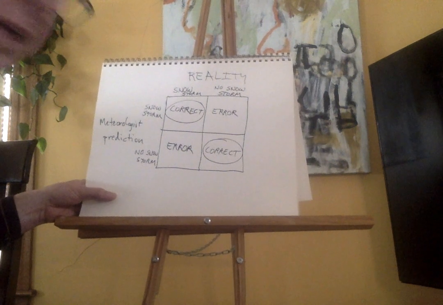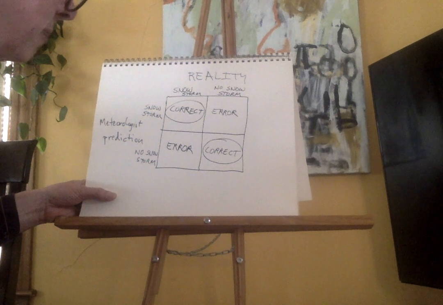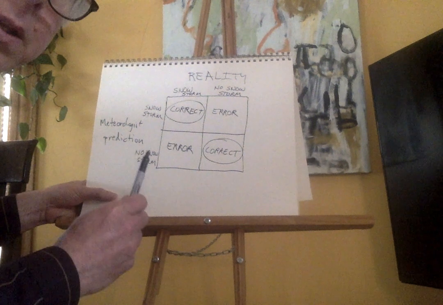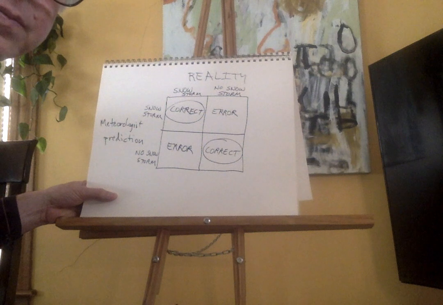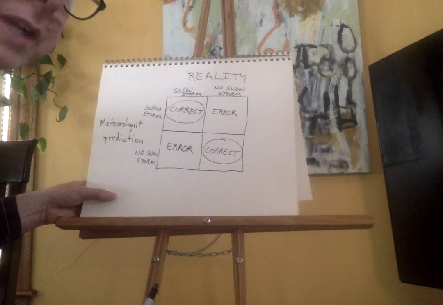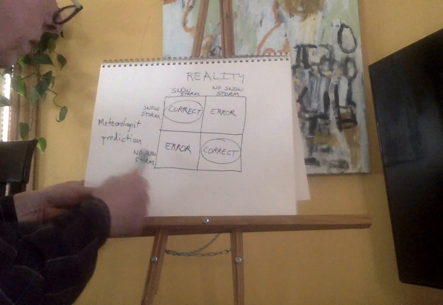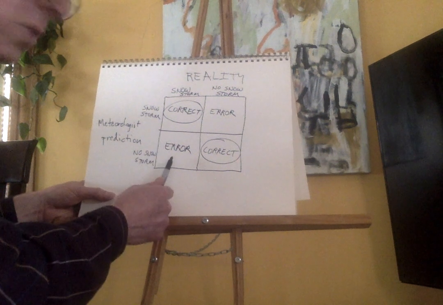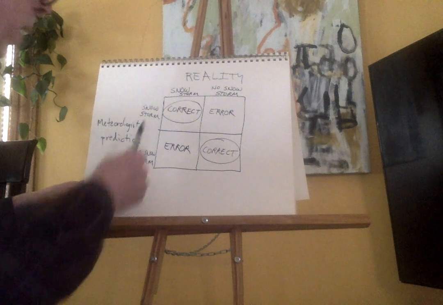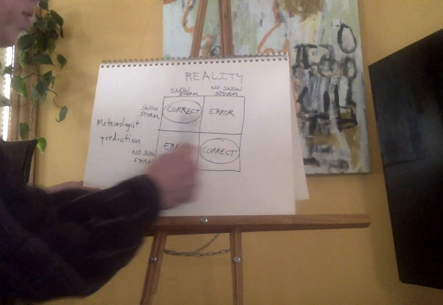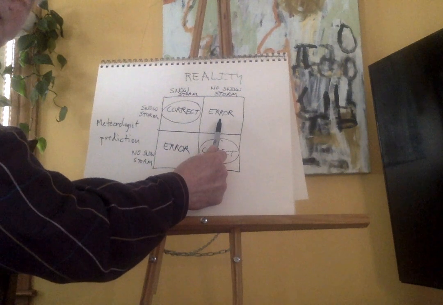Hopefully they're correct a lot of the times. There are two errors here. There are two different kinds of errors. The meteorologist could predict no snowstorm, but a snowstorm comes. They could predict a snowstorm, and no snowstorm comes. Okay?